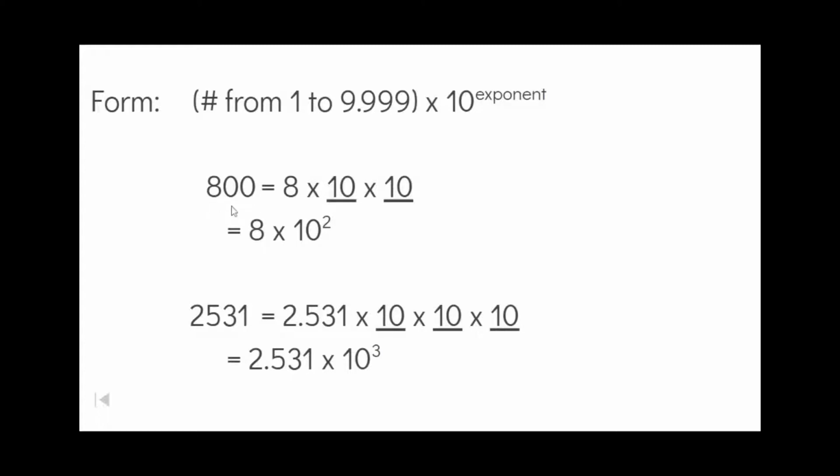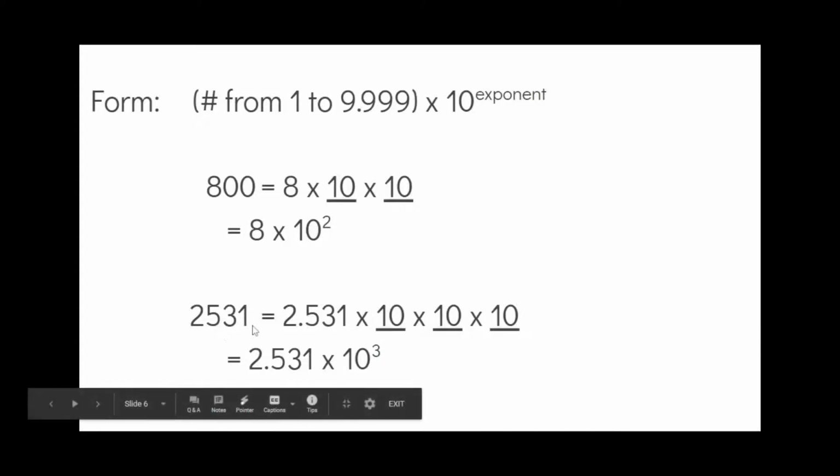However, these zeros can be eliminated and phrased in a slightly different, more concise way. So 800 is simply us saying 8 times 10 times 10. And an even shorter way of saying that is 8 times 10 to the second.